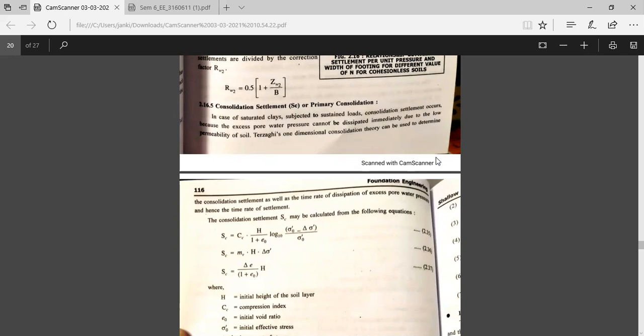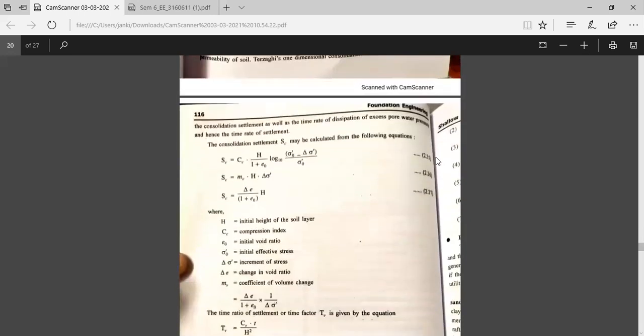The equation for consolidation settlement is SC equal to CC multiplied by H divided by 1 plus E0, log10 of (sigma dash 0 plus delta sigma dash) divided by sigma dash 0. Also, SC is equal to MV multiplied by H multiplied by delta sigma dash.